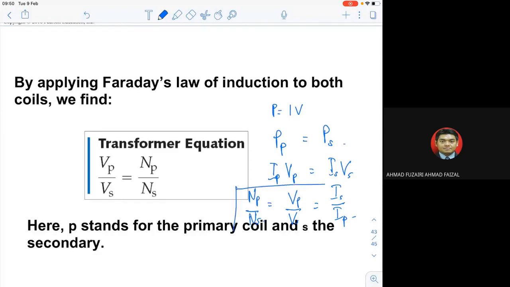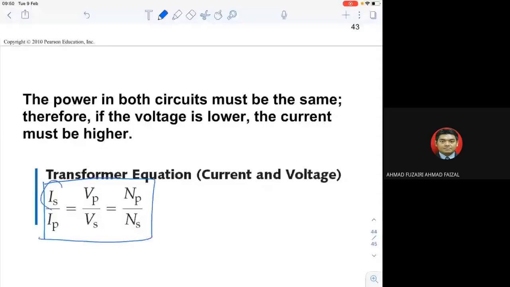So this is how we can connect the number of loops, voltage, and current, because in transformers you always want to know the number of loops, voltage, and current, and of course the power. So these are the things you need to know. IS at the top, VP at the top, so IP at the bottom, VS at the bottom, but N will follow V. So primary will be at the top, and S will be the denominator.